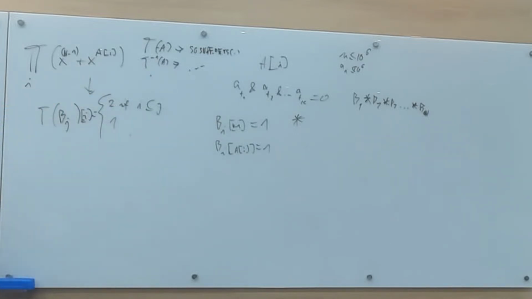So basically, what we need to do is let C be the sum over B_i, and we do T of C, and then apply pointwise 2 to the power of x, and then go back, and it's our result. Any questions to this part?